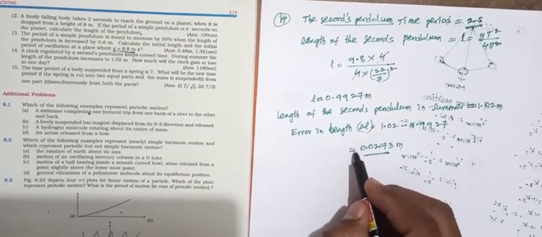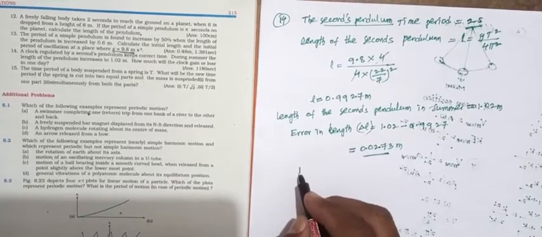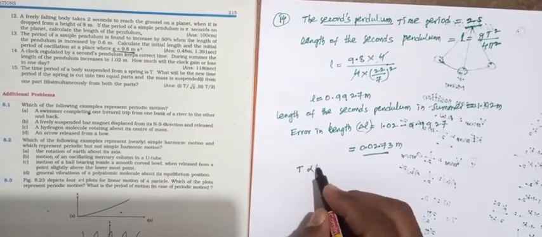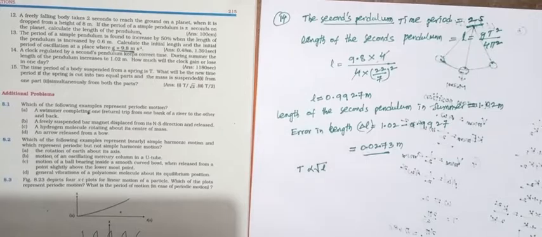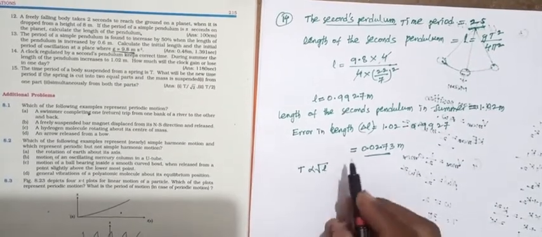For example, the time period is directly proportional to the square root of length.